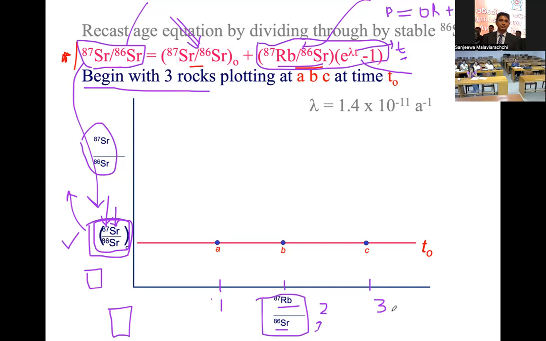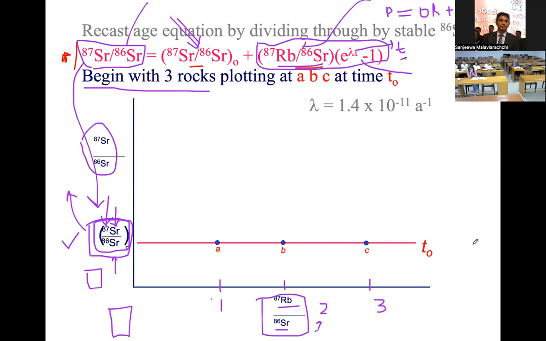Always remember, we take the original source initial ratio, which is constant because the source for these three rocks is the same. It's like you have three children from the parent. The parent is the same, but the three children will have different properties.